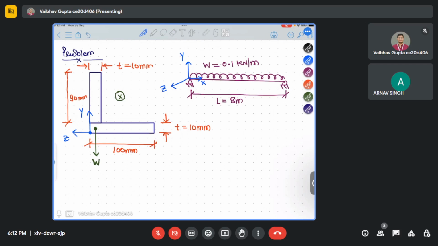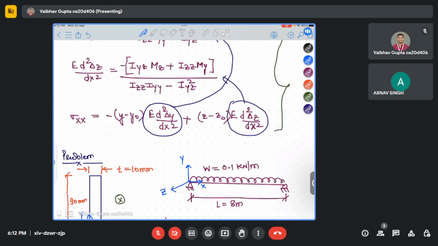So an Mz moment is there. It will create Mz moment. What about My moment? Since loading is not applied in the z direction, My will be equal to 0.